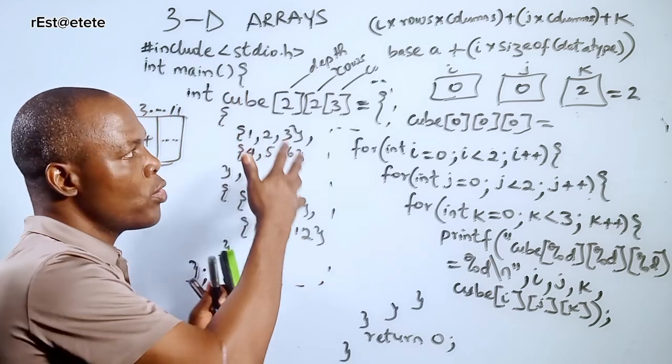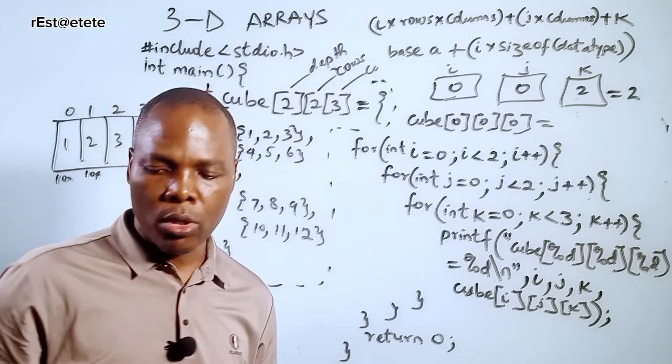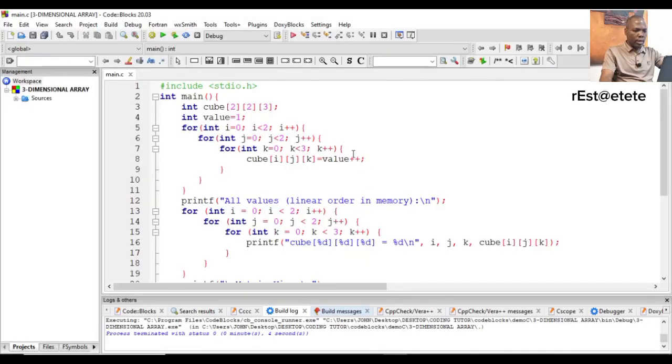This is a C code for a 3-dimensional array. So let's go to Code::Blocks. This is our Code::Blocks, and this is a script for displaying 3-dimensional arrays. First, I told you in this class, I'm going to show you how to initialize the arrays at runtime using nested for loops and a global variable.